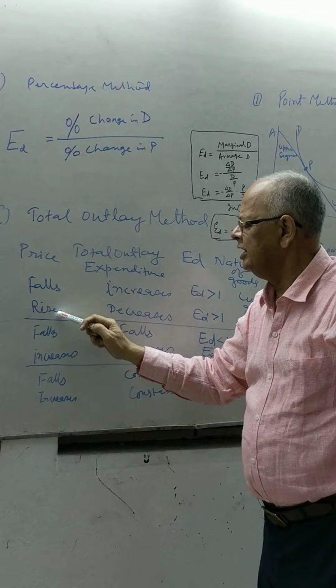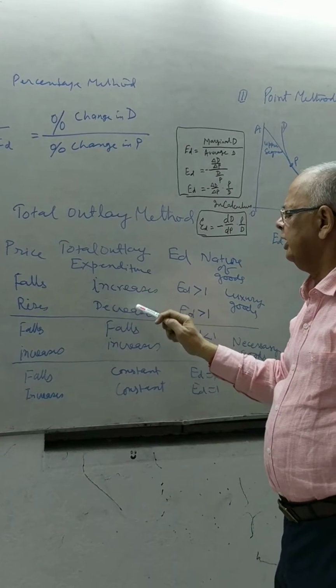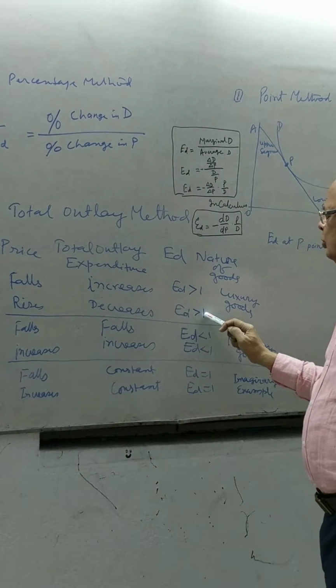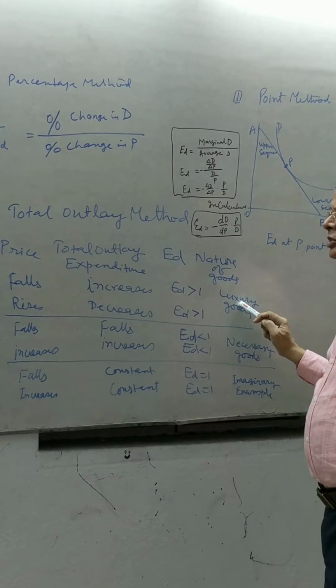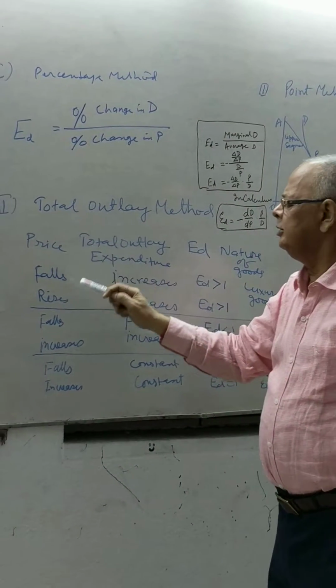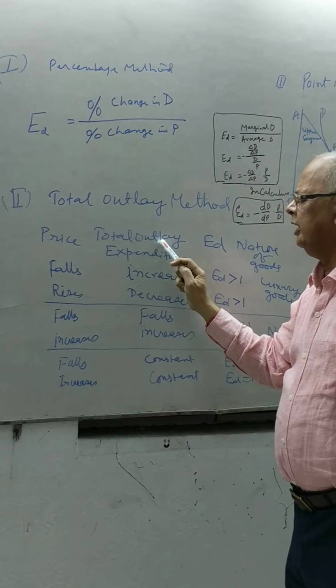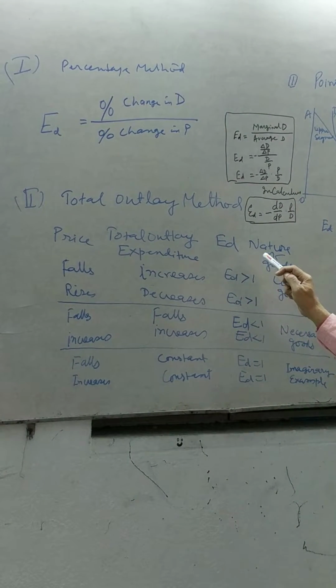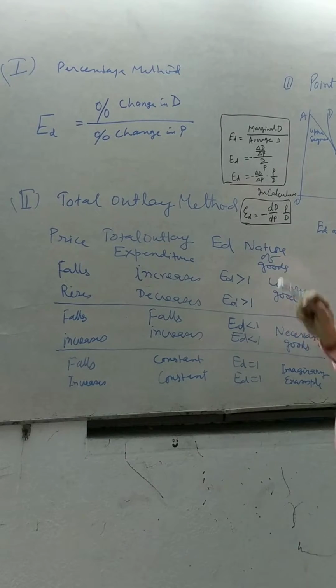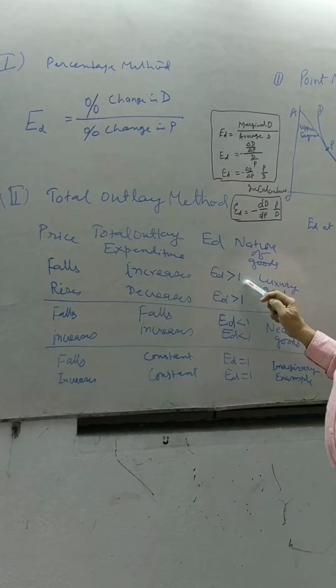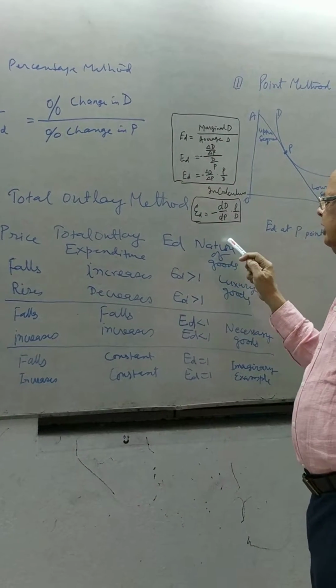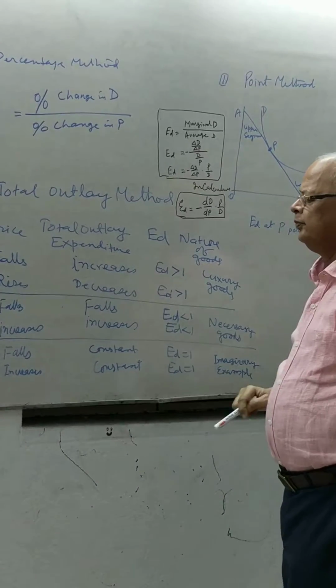If price rises, total outlay decreases, elasticity is more than 1, this is a luxury good. It means if there is an inverse relationship between price and total outlay, this is the signal that elasticity of demand is greater than 1, and the nature of the goods will be luxury goods.